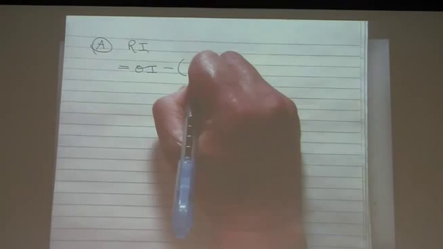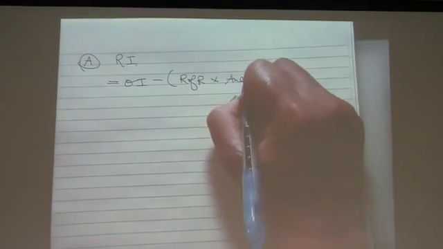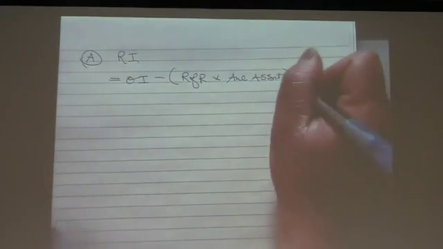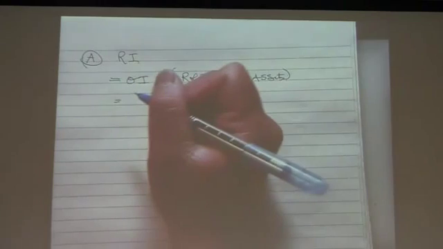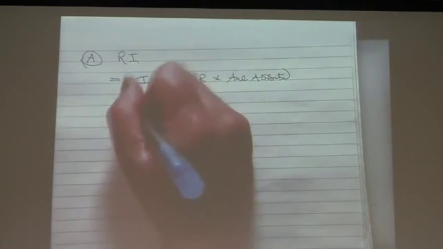So for the first part, residual income, going back to the formula, we've got operating income, OI, subtract rate of return times average assets, operating assets. So operating income, we weren't given that, so let's calculate.